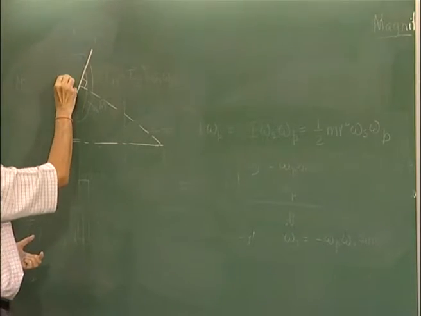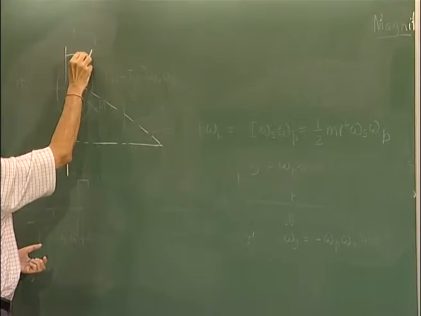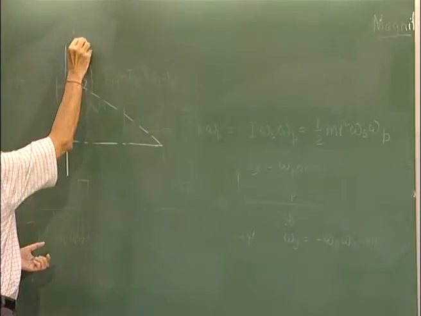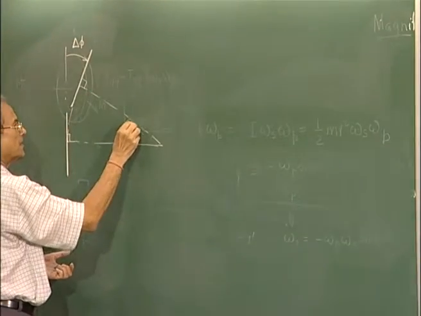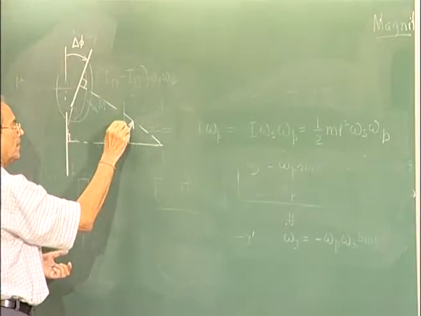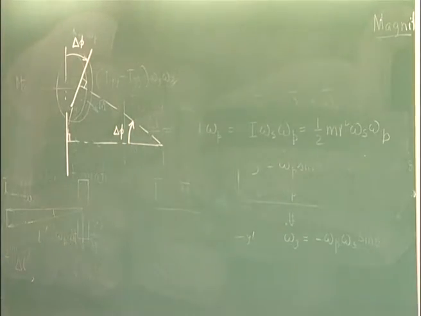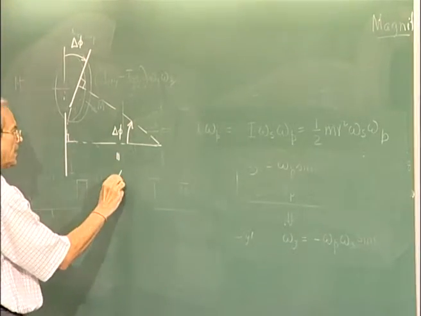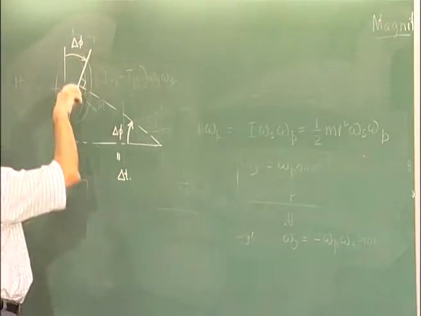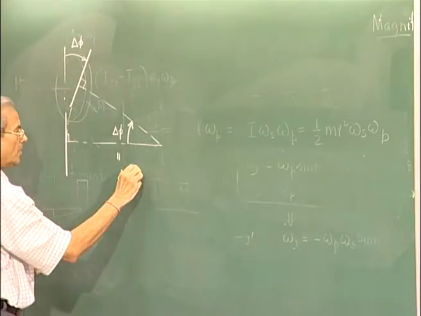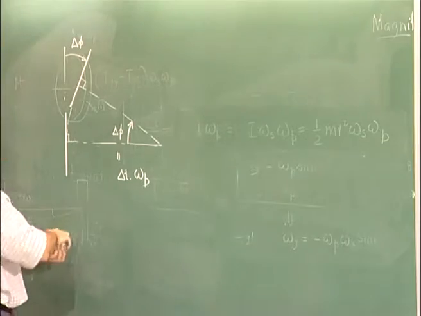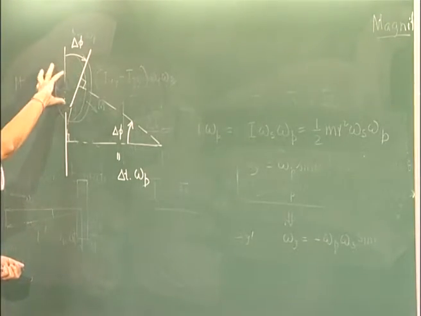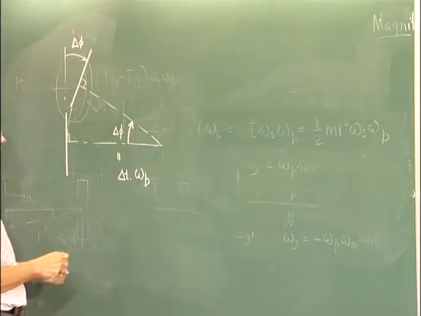So this amount of rotation will be the same as this. Now in time delta t, if it has rotated this much, this will be delta t into omega p, if omega p be the rate at which it is changing its orientation.